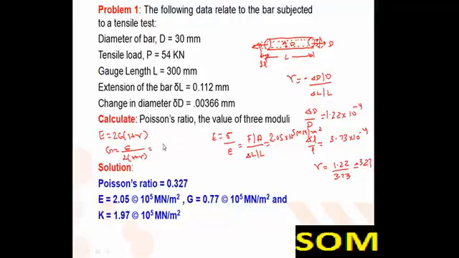The value of shear modulus comes out to be 0.7 into 10 to the 5 meganewton per meter square. We also know the relationship between E and K, E equal to 3K(1 minus 2 nu). The value of K is E by 3(1 minus 2 nu). This comes out to be 1.97 into 10 to the 5 meganewton per meter square. These are the values of the three moduli.